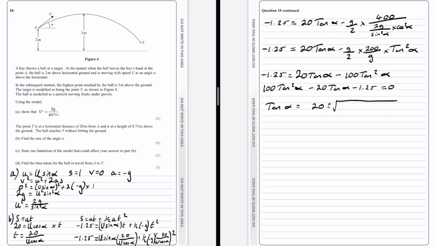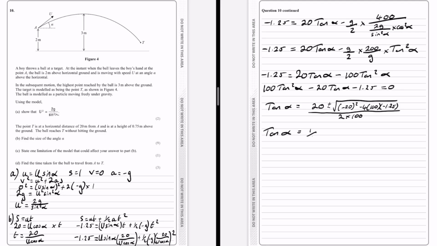So minus b plus or minus the square root of b squared minus 4ac all over 2a. We'll get two values for tan alpha out of this. The first one is 1/4, and the second one is negative 1 over 20.